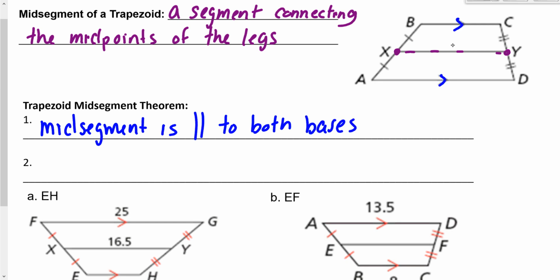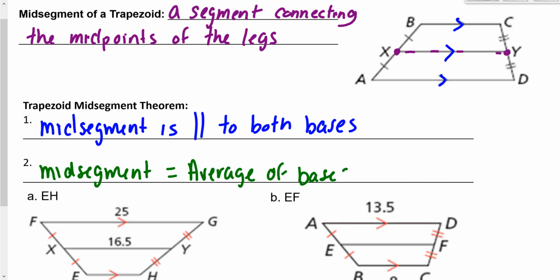So if these are parallel, then so is that, forming two trapezoids in one. And then the midsegment is equal to the average of the bases, which basically means the midsegment is equal to base 1 plus base 2 all divided by 2.